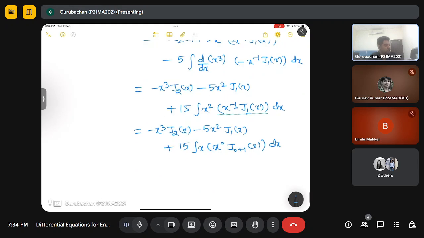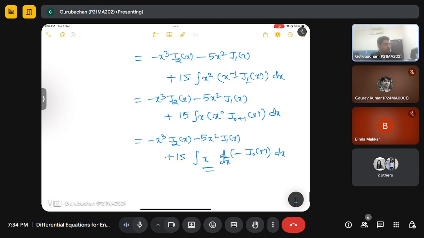So this will give you minus x cube J2(x) minus 5x square J1(x) plus 15x with negative sign d by dx of J0(x) with negative sign dx. First function, this will be second function.